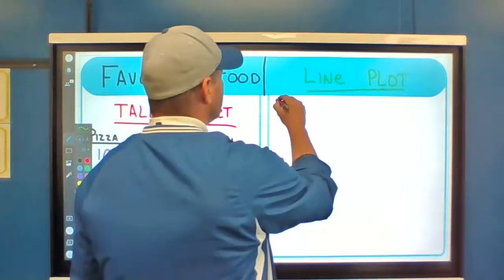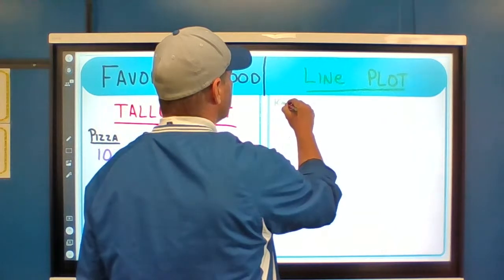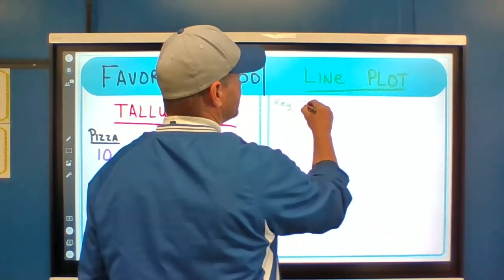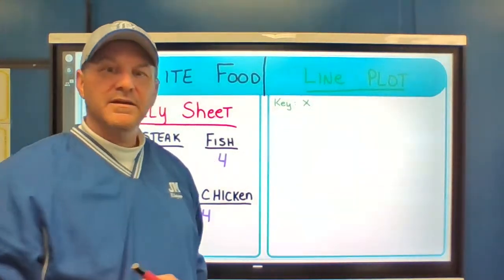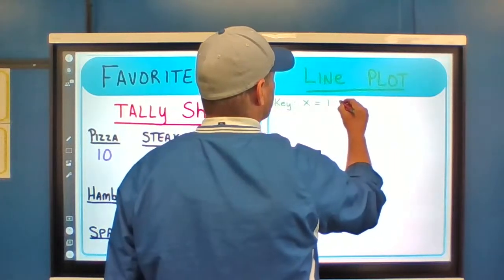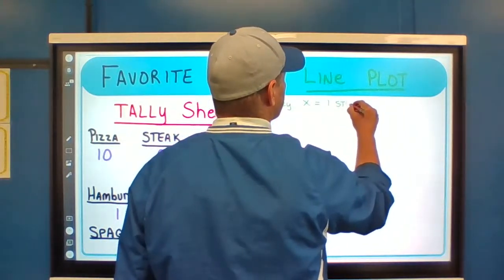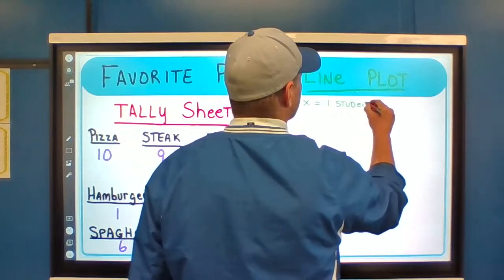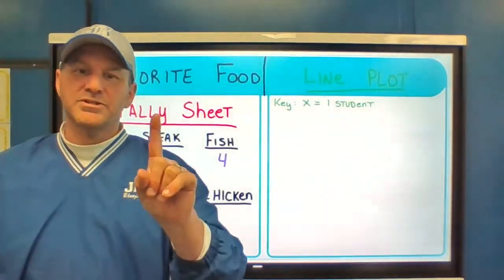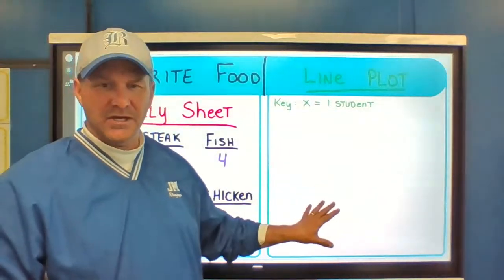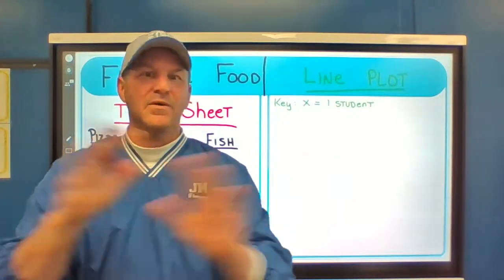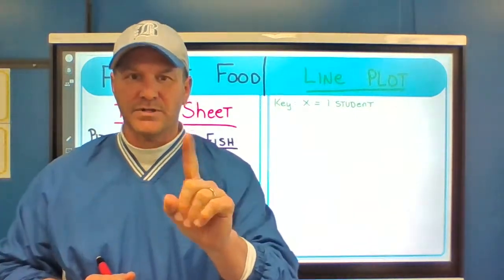In this case, my key is that every X that you see on my line plot equals 1 student. So anybody can look at this, and as long as they have a key, they know that every time they see an X anywhere on my line plot, that means 1 person.